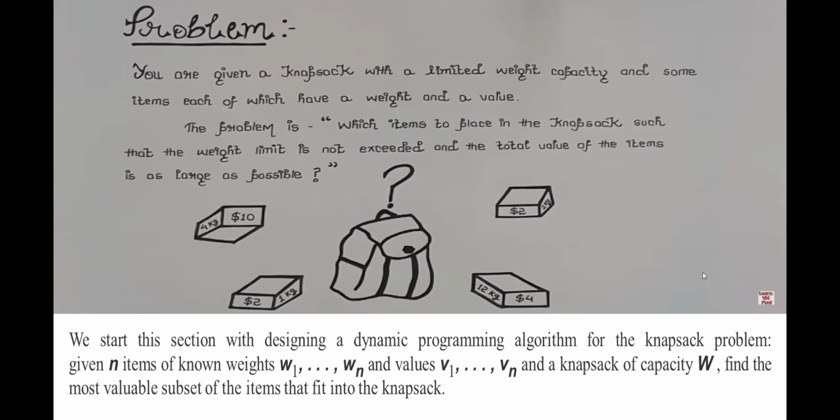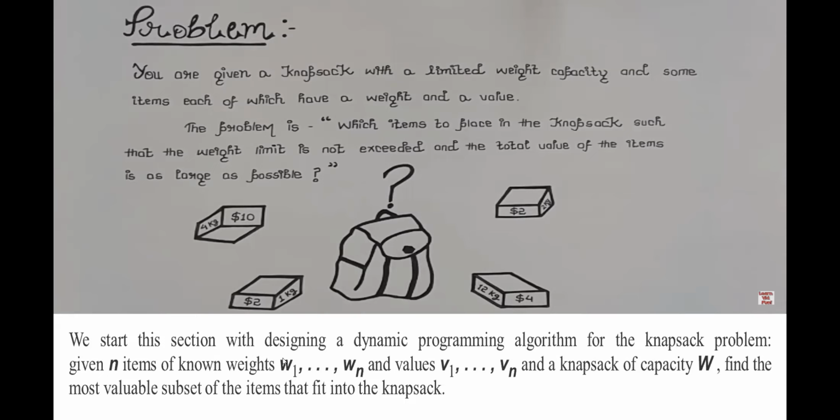It can also be called profit. The problem is which items to place in the knapsack such that the weight limit of the knapsack is not exceeded, and the total value of the items is as large as possible.